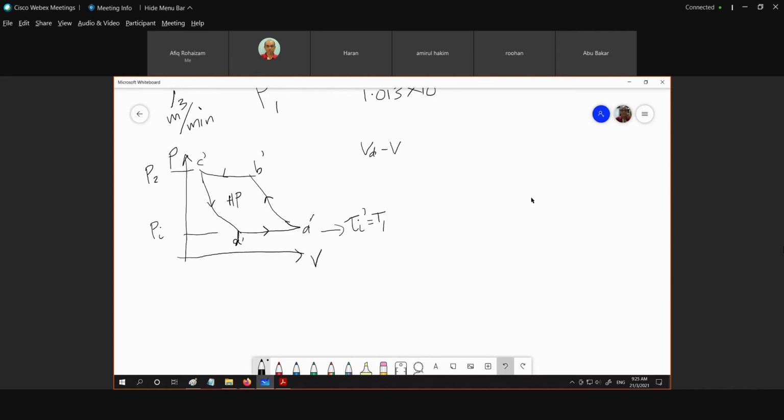Jadi kita akan dapatkan VA tolak VD prime equal to MRT1 prime divided by P1.